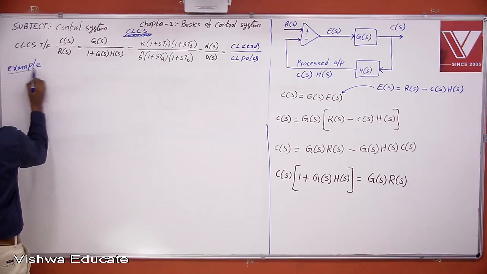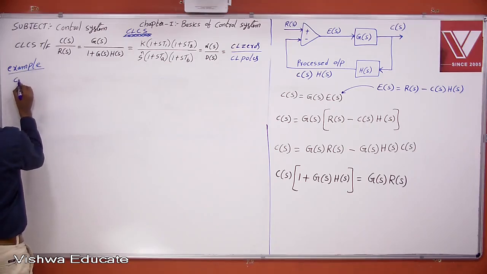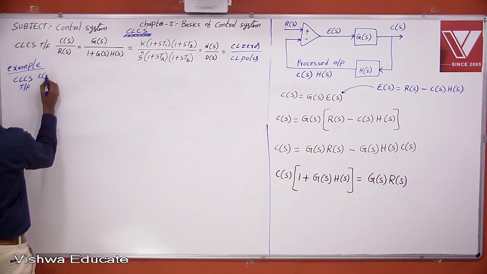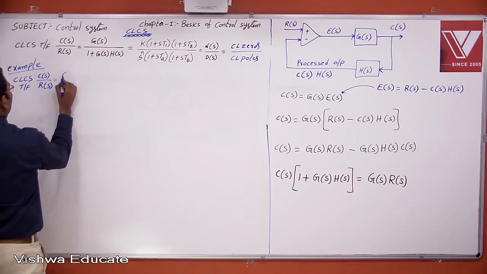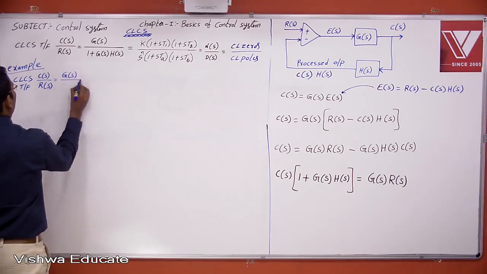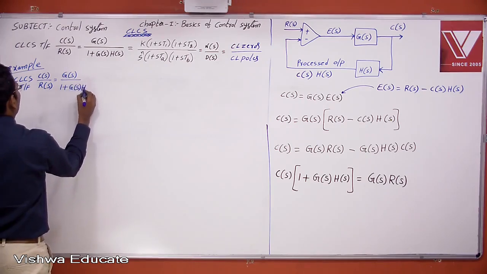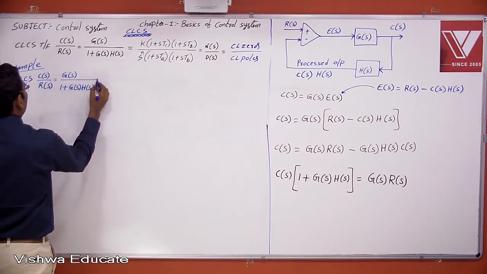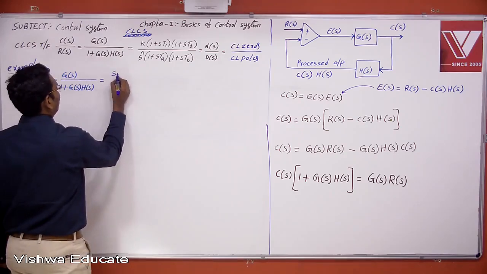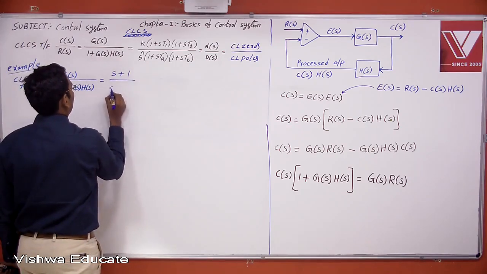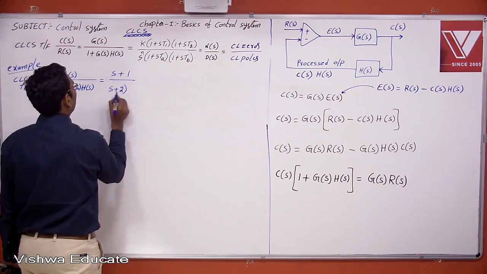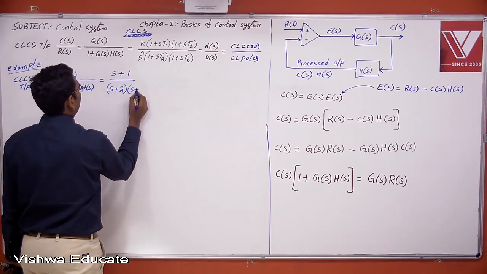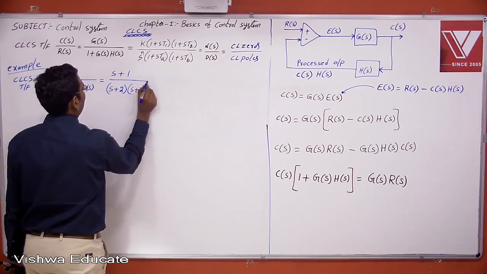This is the example. The closed loop control system transfer function C(s)/R(s) = G(s)/(1 + G(s)H(s)) = (s + 1)/((s + 2)(s + 3)).